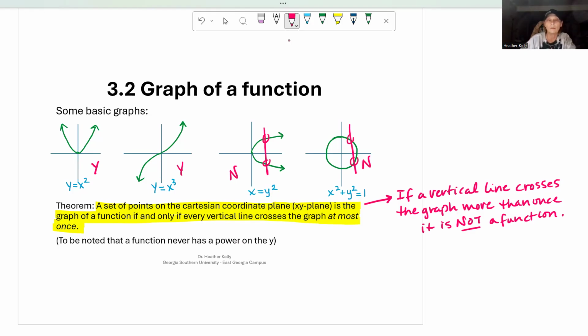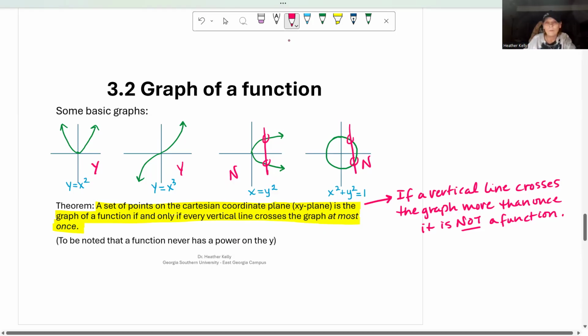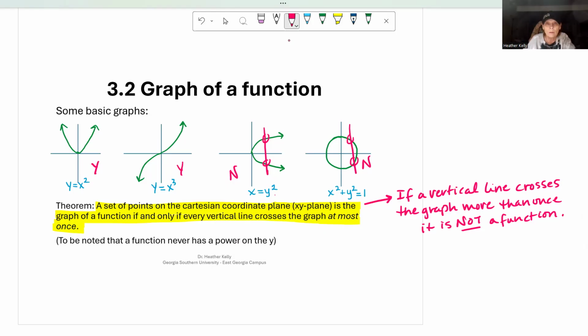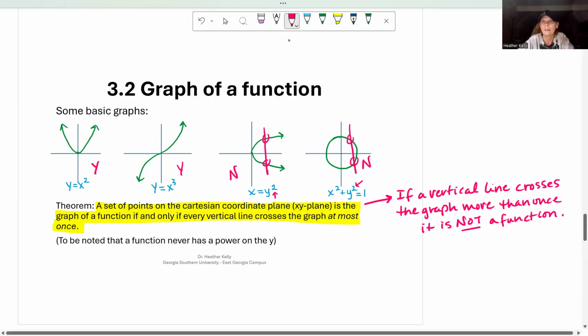So if it crosses the graph, not the axes, but the graph that is drawn on there. Also, to be noted, when we're just looking at an equation, if there's a power on the y, that automatically disqualifies it from being a function.